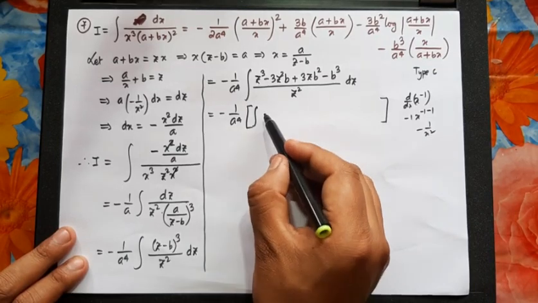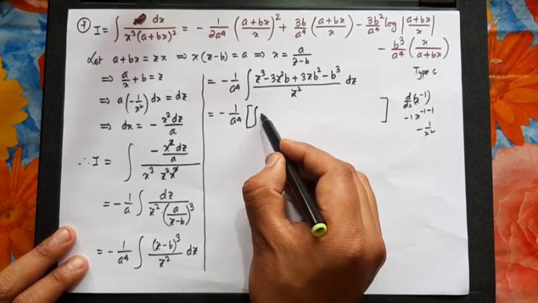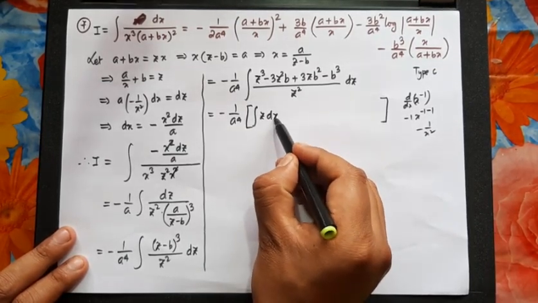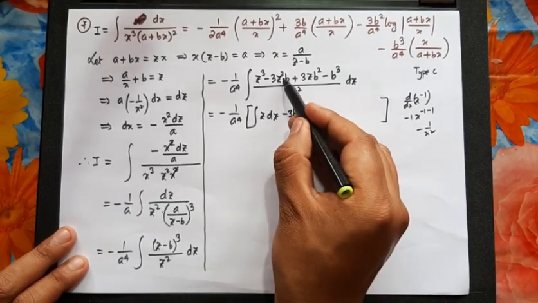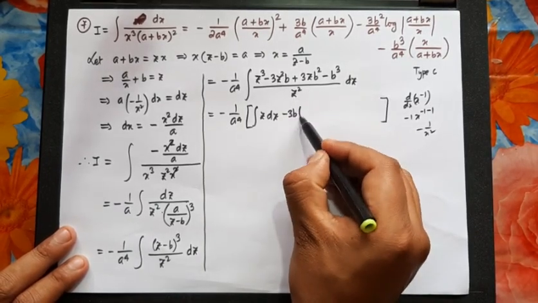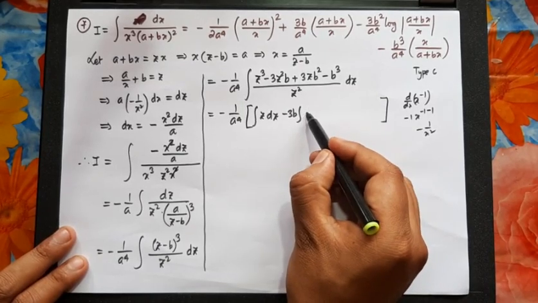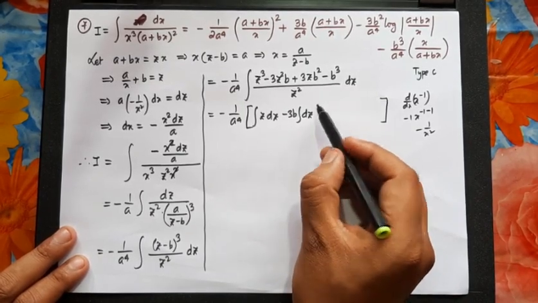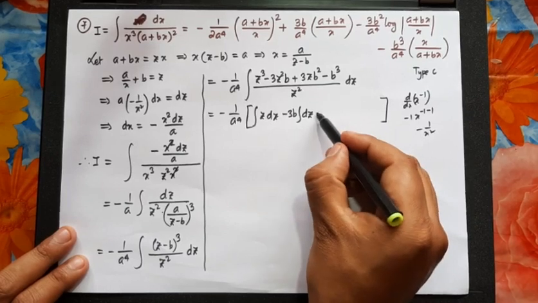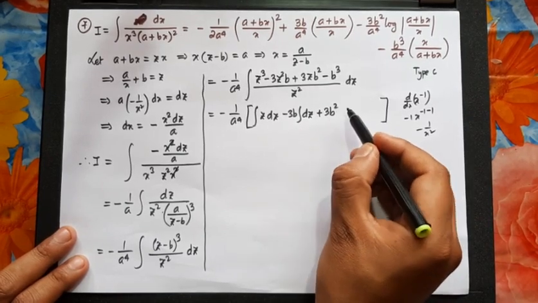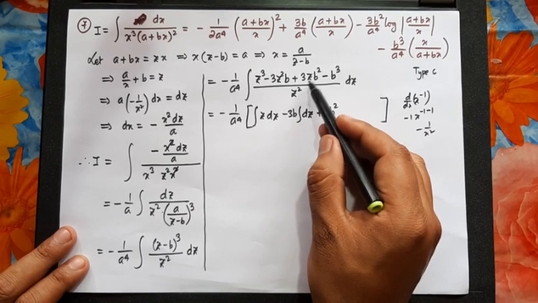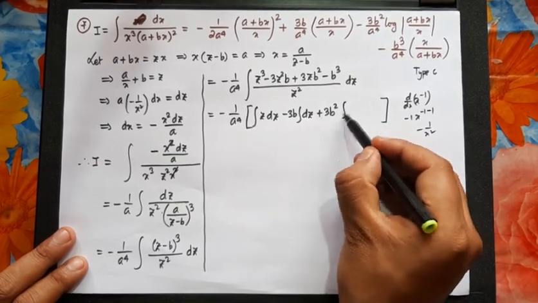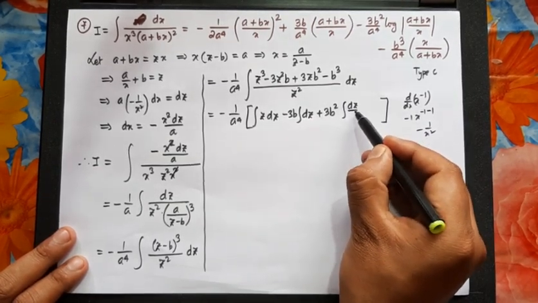So we have integral z cube by z square, which is z dz, right? Similarly we have minus 3b outside. z square by z square is 1, so it will be only dz, right? So plus 3b square will be kept outside. We have z by z square, which is 1 by z, so this is dz by z.